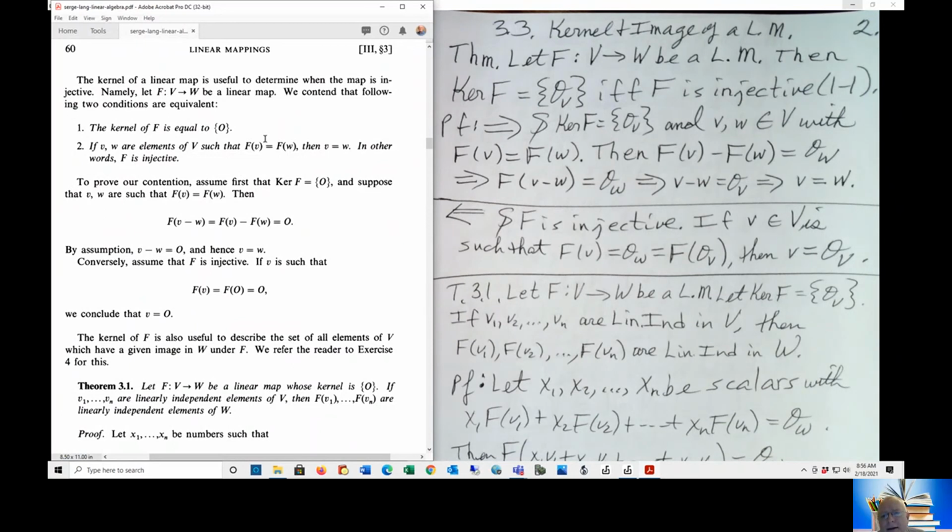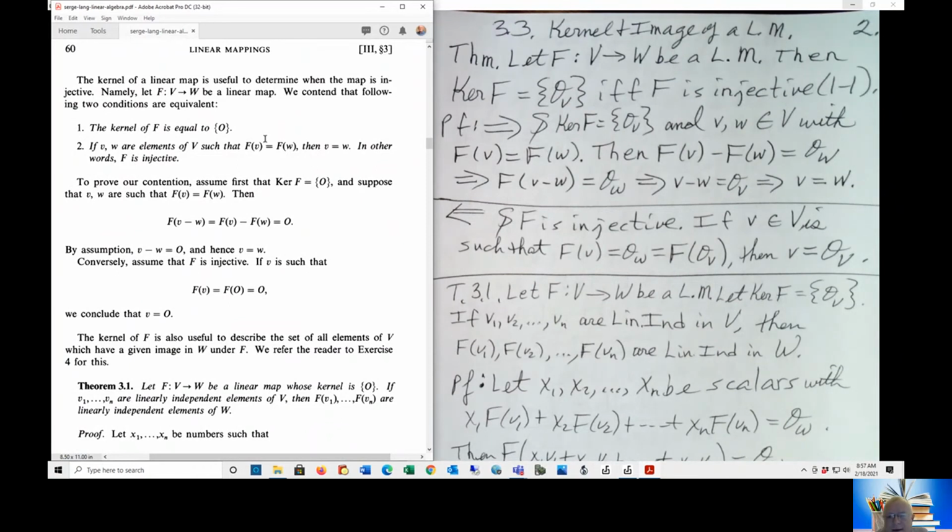Sometimes we say the kernel is trivial if and only if f is injective. And this is always going to be our test to check whether or not a linear mapping is one-to-one or not. It's one-to-one if its kernel is trivial.